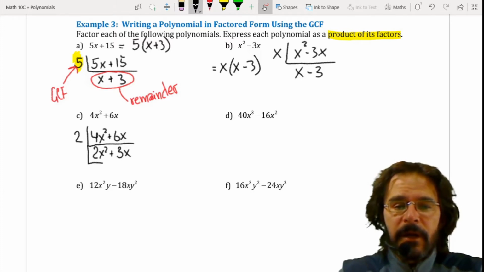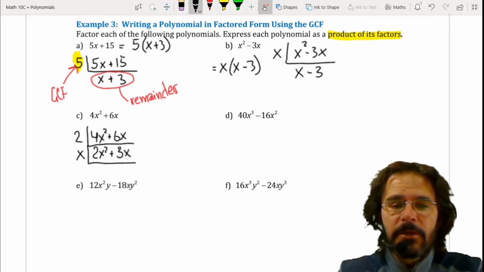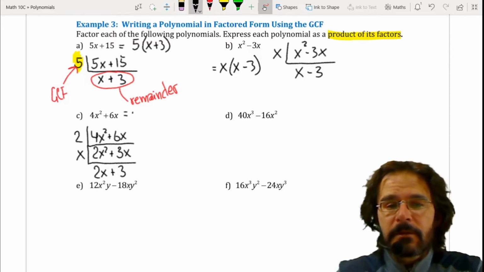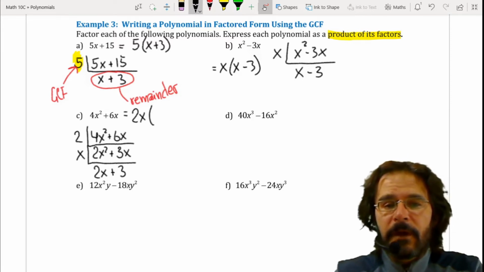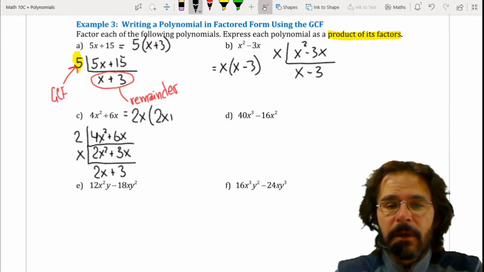We can still divide out one more thing, the x. Both terms have an x in common. 2x squared divided by x is 2x, plus, and 3x divided by x is 3. So we can write this as 2 times x, so 2x. That's one of the factors. And the second factor is going to be 2x plus 3.